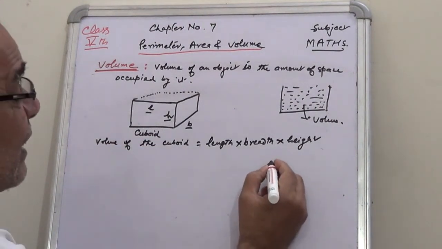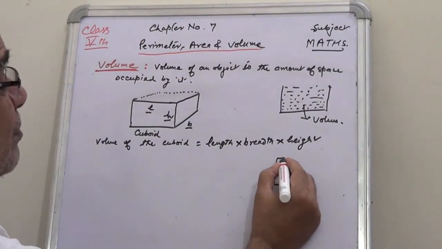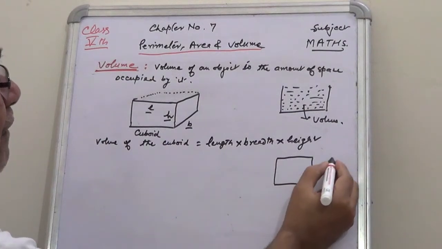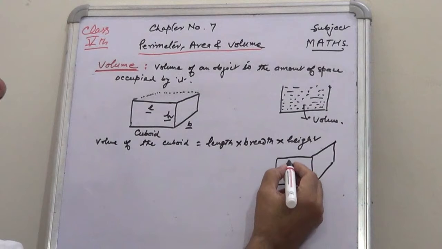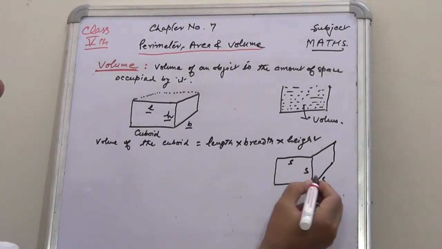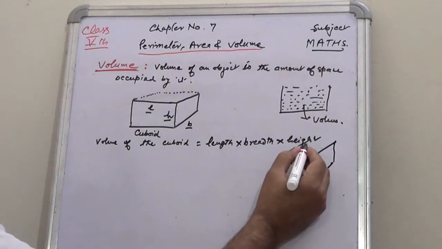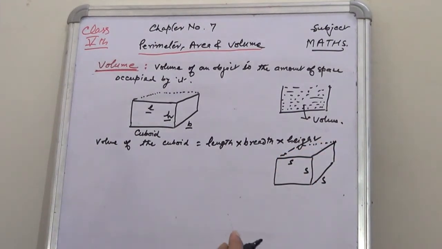Now we take another object which is called a cube. What type of object is a cube? A cube has all its sides the same.